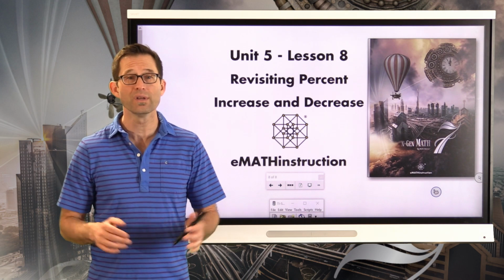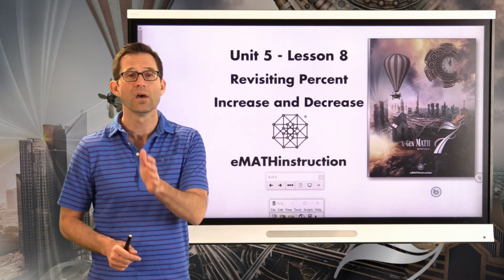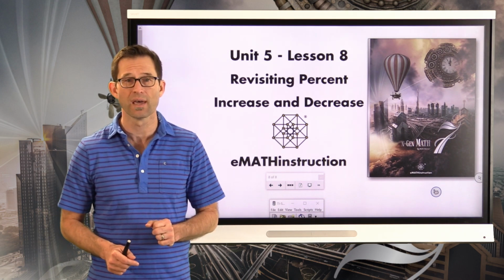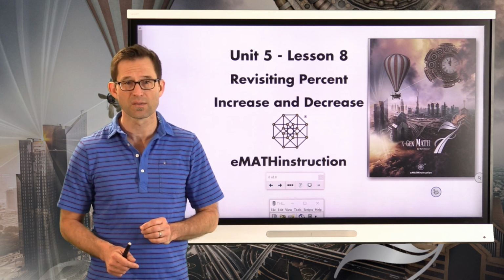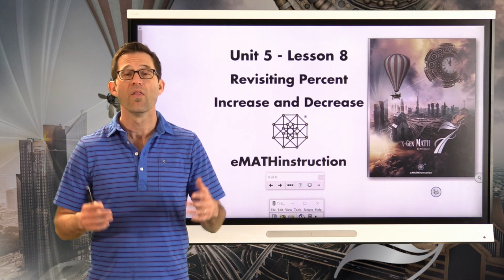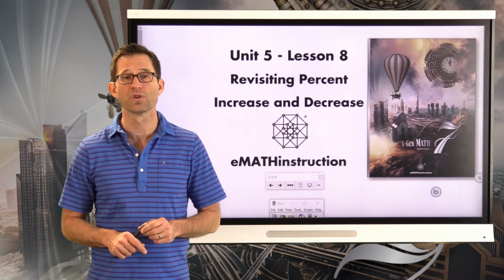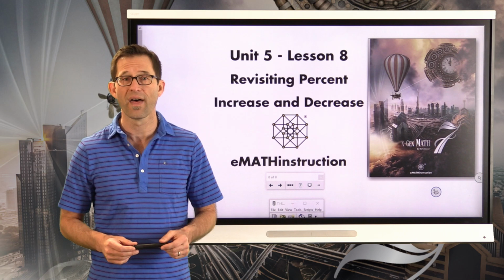In the case of increasing, we always do 1 plus the decimal version of the percent. And in the case of decrease, we always do 1 minus the decimal version of the percent, right? Those numbers then, when you multiply the original, will either raise or lower by that given percent.